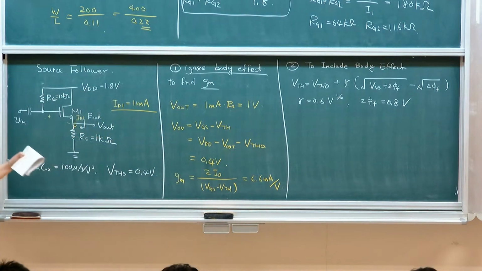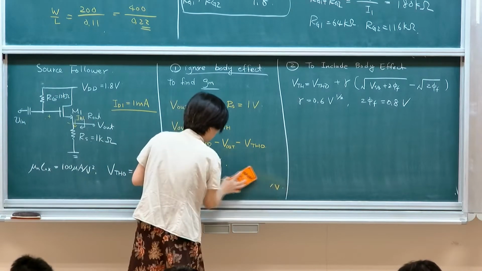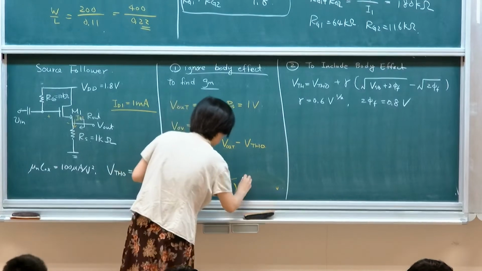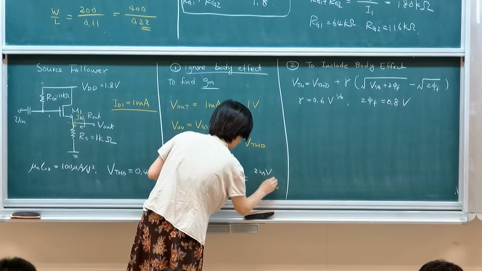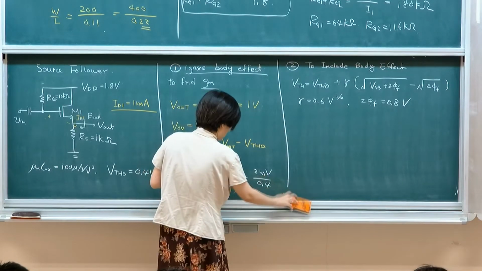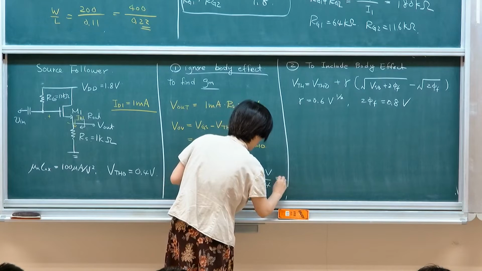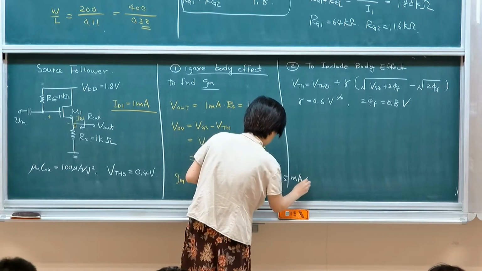So for this number, that may be wrong as well. Let me readjust this. So this will be 2 milliamp divided by 0.4, and that will be 5 milliamp per volt.